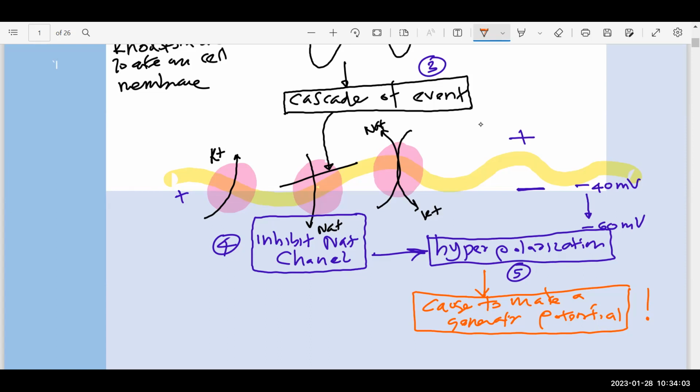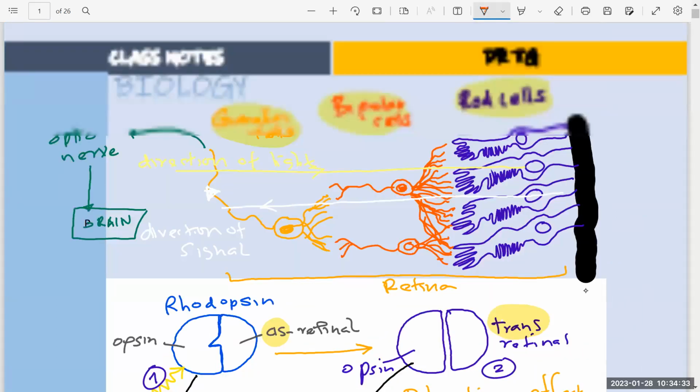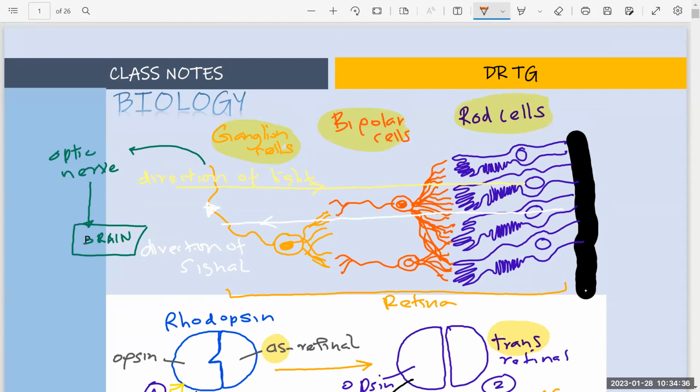It goes on like this. This generator potential causes a nerve impulse through the optic nerve, which communicates to the brain, and then the brain becomes aware that light is falling on the rod cell. Now, coming back to this picture, the direction of light is this.